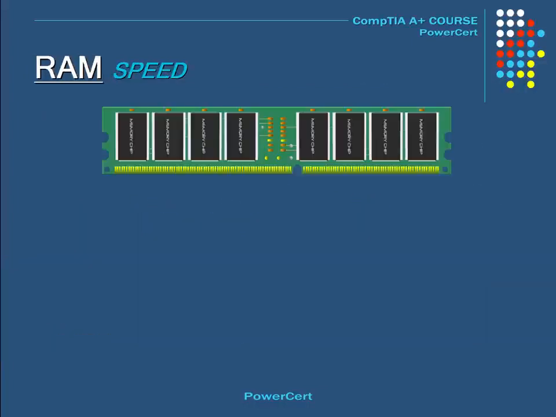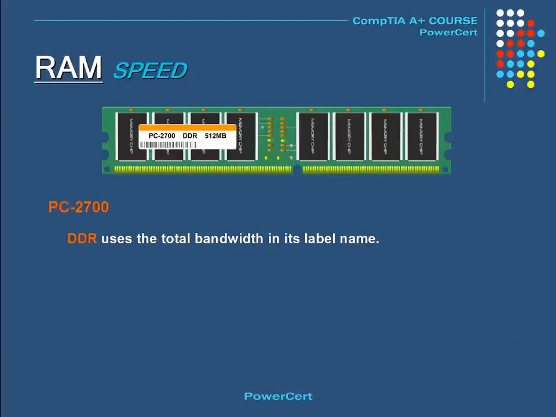DDR is also labeled differently than non-DDR RAM. Instead of including the clock speed in its name, like PC133, where 133 equals the clock speed, DDR uses the total bandwidth instead. For example, a DDR DIMM labeled PC2700.